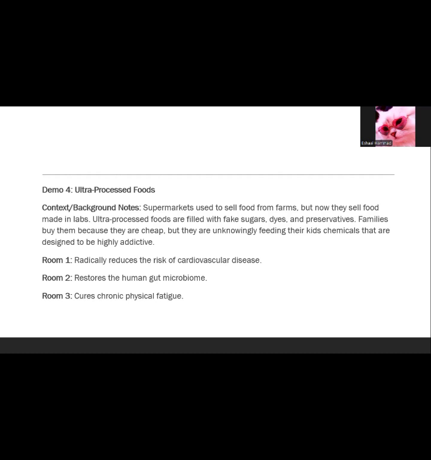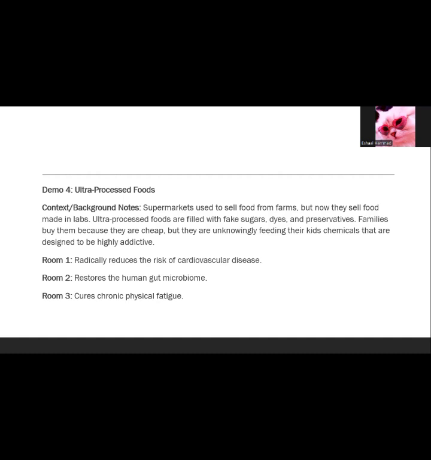Preservatives are there because they keep food from spoiling for longer, for weeks, months, and sometimes for years. Okay, so families buy them because they are cheap, but they are unknowingly feeding their kids chemicals that are designed to be highly addictive.